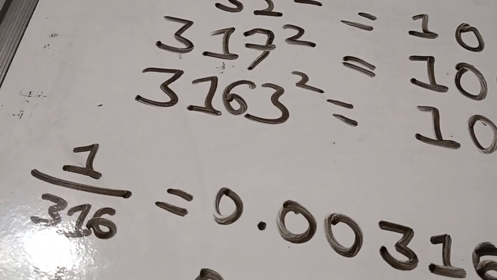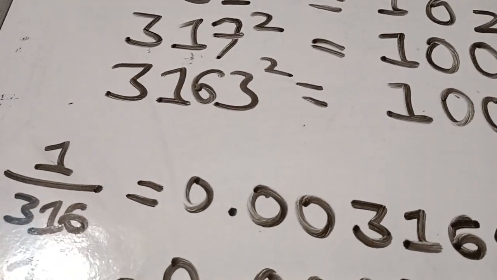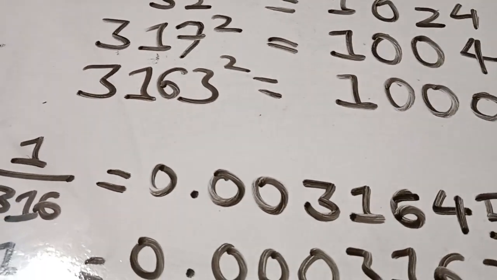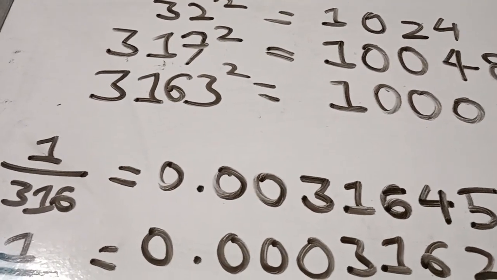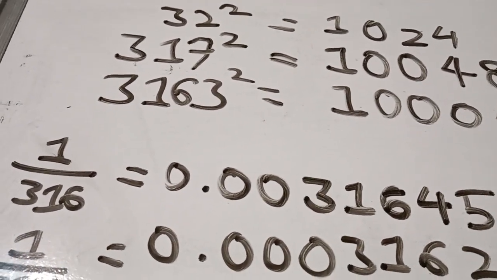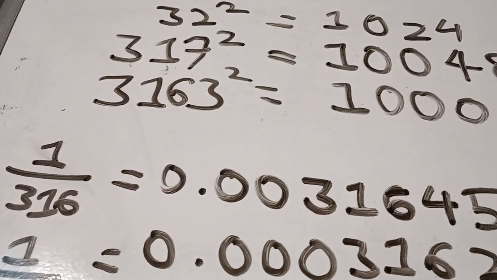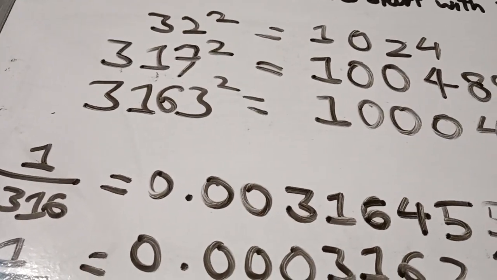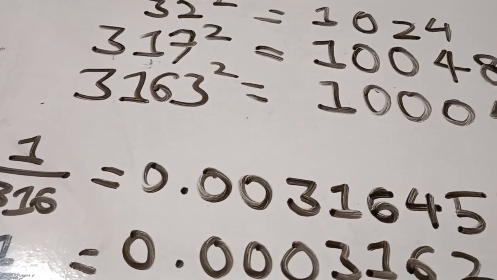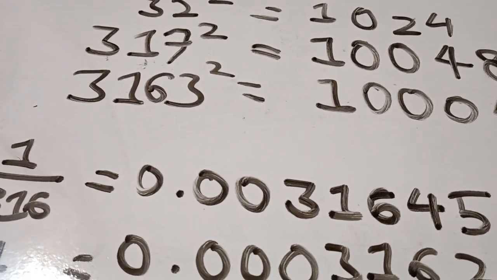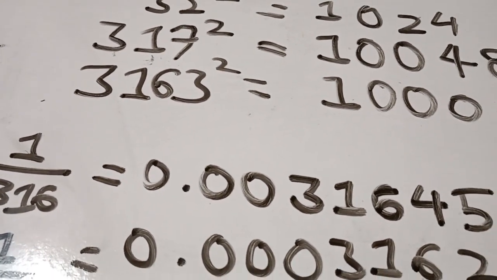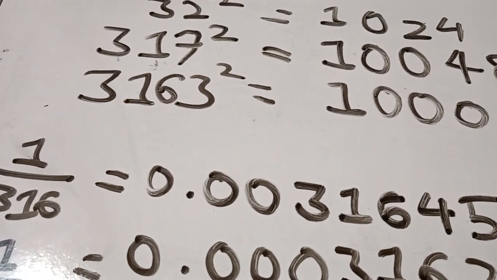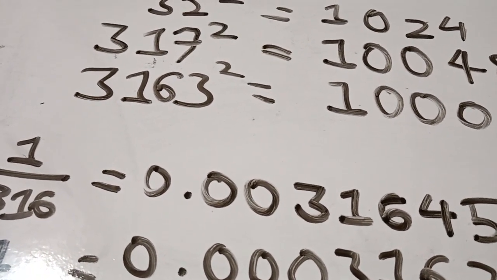It's the same with 1 divided by 31, which is 0.032258064516129, because 31 times 32 is 992, which is almost close to 1000, and 316 times 317 is also close to 100,000, and 3,162 times 3,163 is close to 10 million.